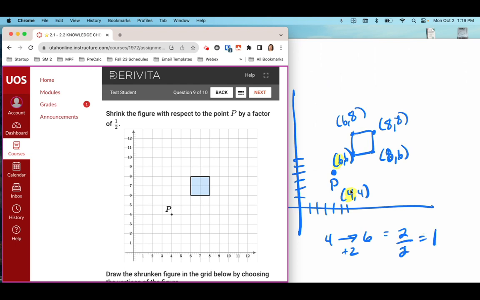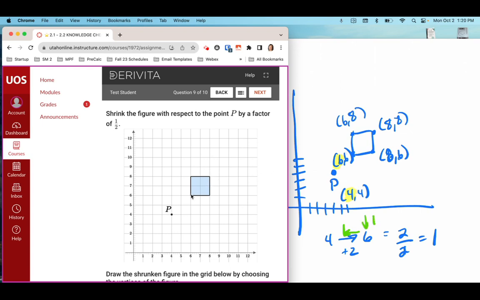So I'm going to actually move this back just 1. So instead of 4, 6, and it's both ways because they're both 6s, we're going to have it be 5, 5. So we're going to move it back 1 and down 1 because they're both the same.